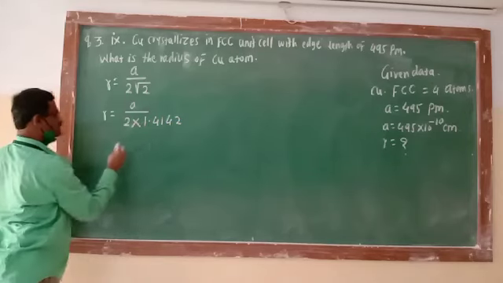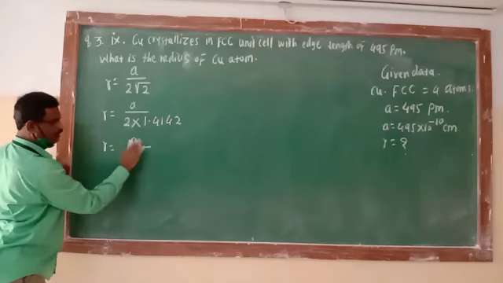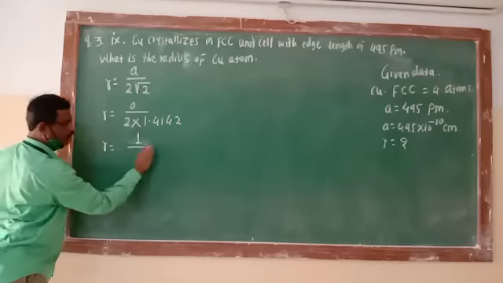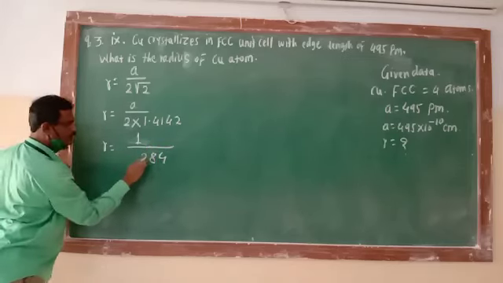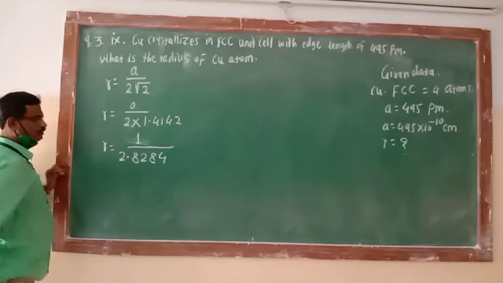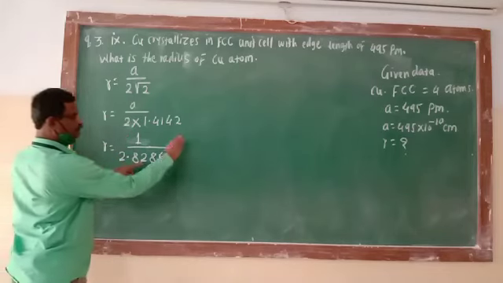If we solve this, r is equal to 1 divided by 2.8284 into a.